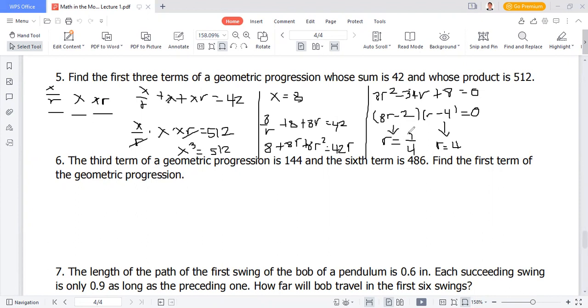It's either, kung yung r natin ay 1/4, ano yung tatlo niya? 8 over 1/4, so 32, no? 32, tapos kasunod, 8, kasunod, 2. Yung kabila naman, r equals 4. Kabaliktaran lang yan, 2, 8, 32. Okay?